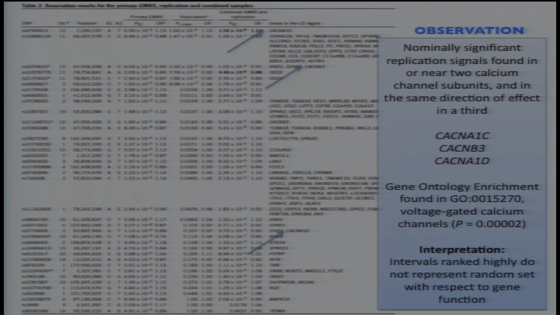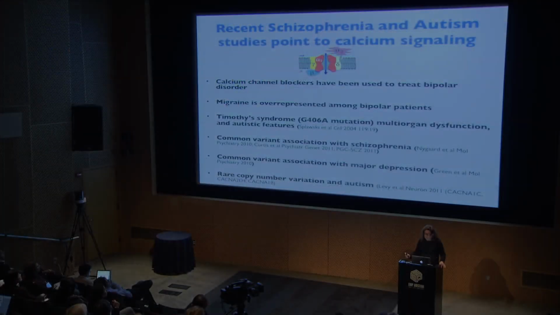So let me skip then. Similarly, calcium signaling is another novel hypothesis that's emerged directly from the genetic data that has a lot of support from data that existed in the field prior to this.